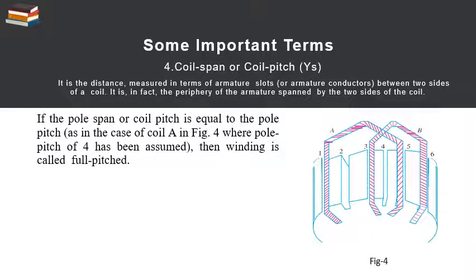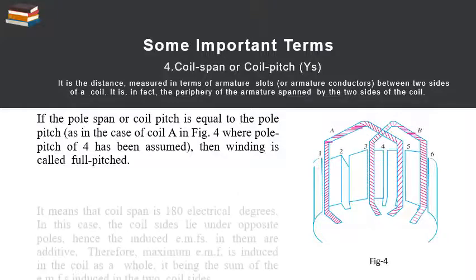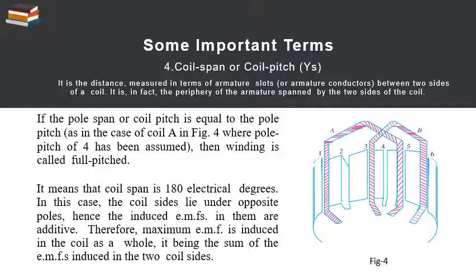If the coil span or coil pitch is equal to the pole pitch, then the winding is called full pitch winding. It means that the coil span is 180 degrees electrical. In this case, the coil sides lie under opposite poles.